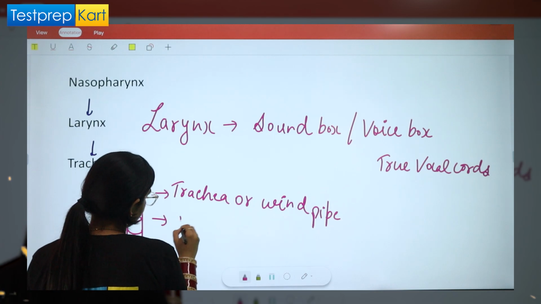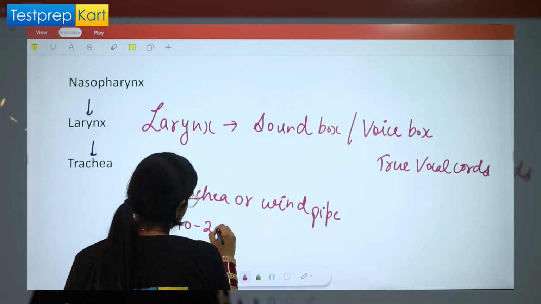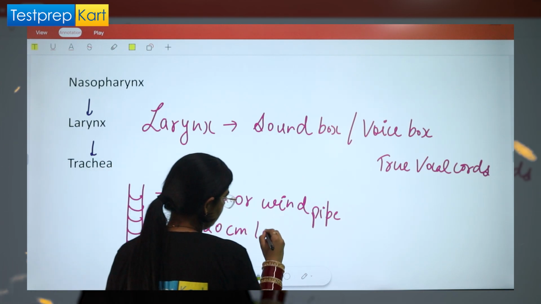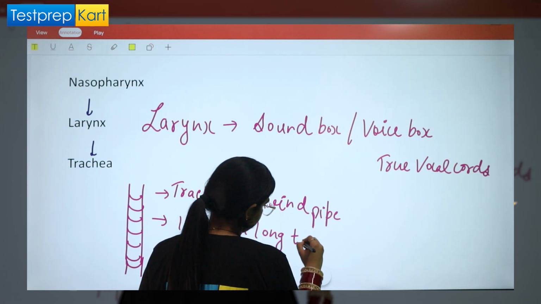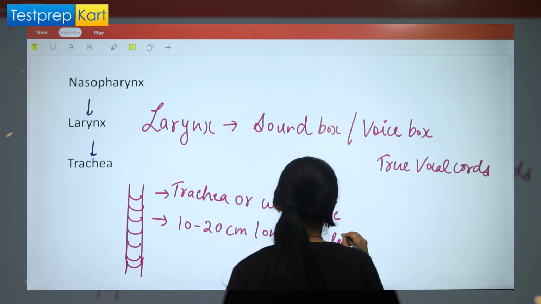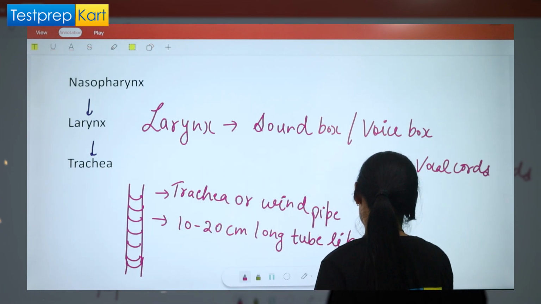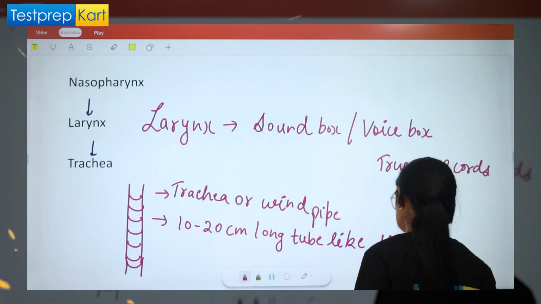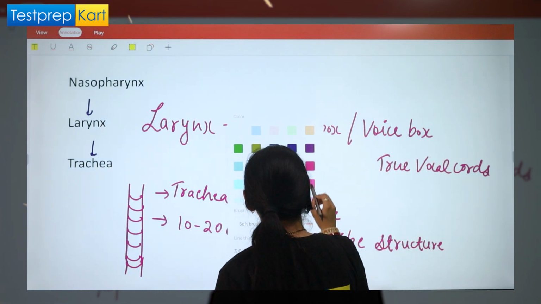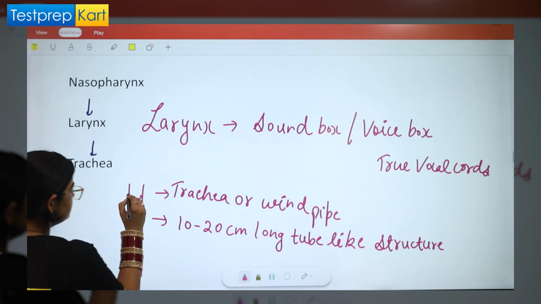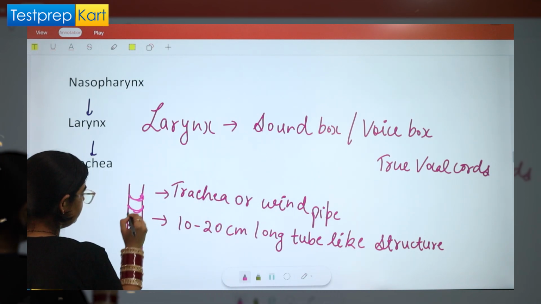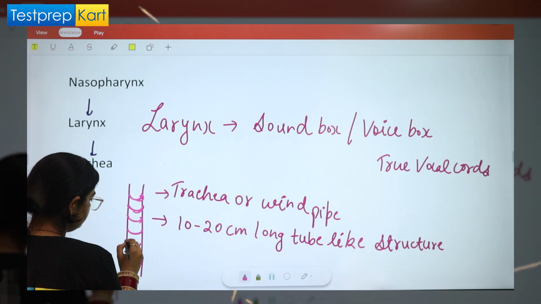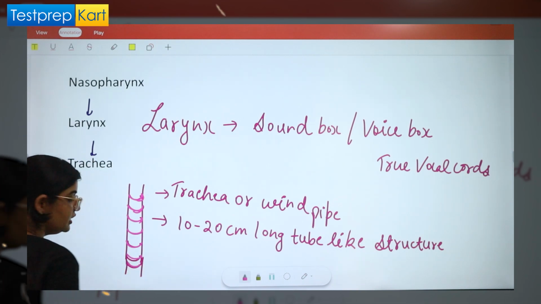So this trachea is basically a long tube-like structure, 10 to 20 centimeters long, and it is covered by these rings. These rings are meant to prevent the collapsing, right?